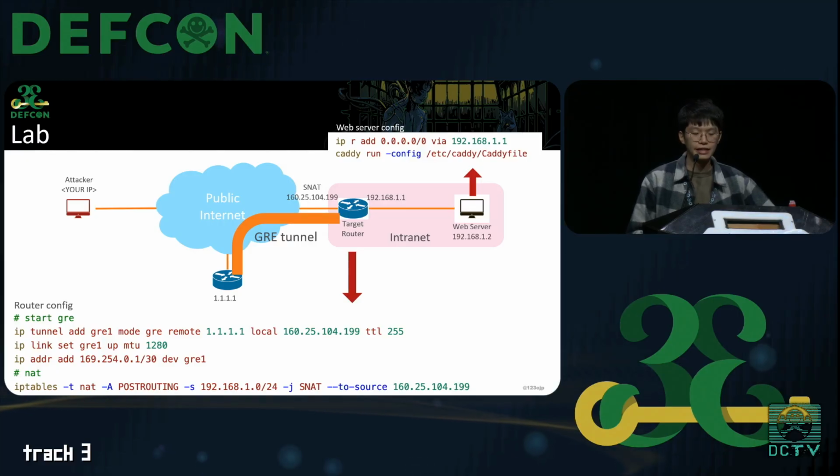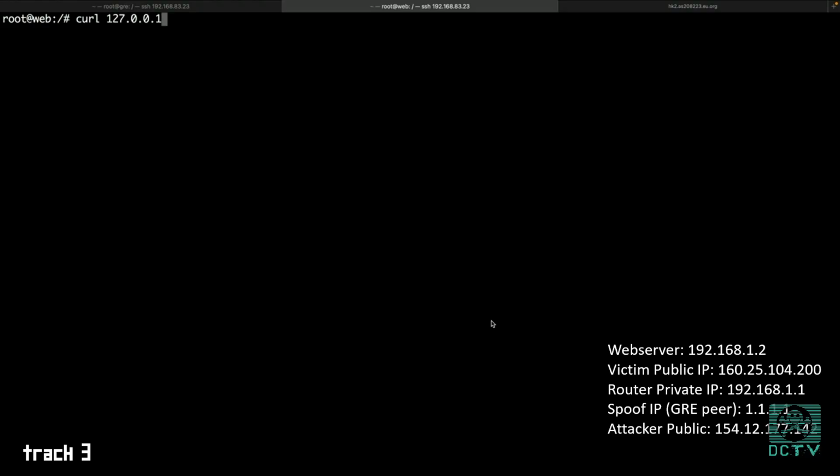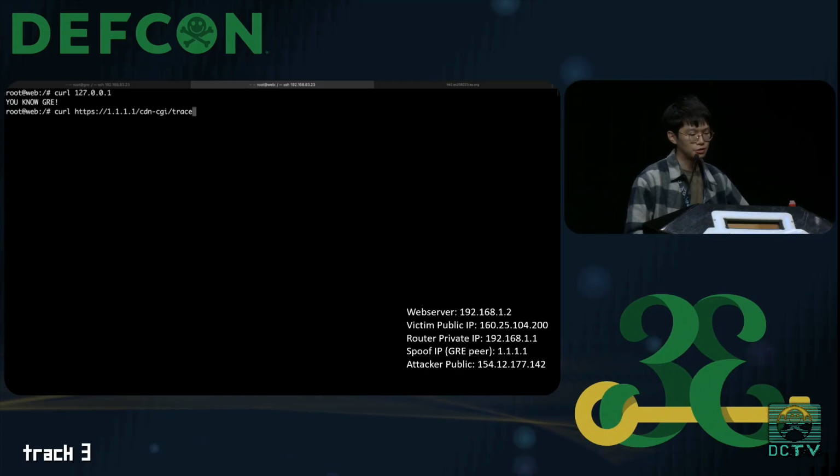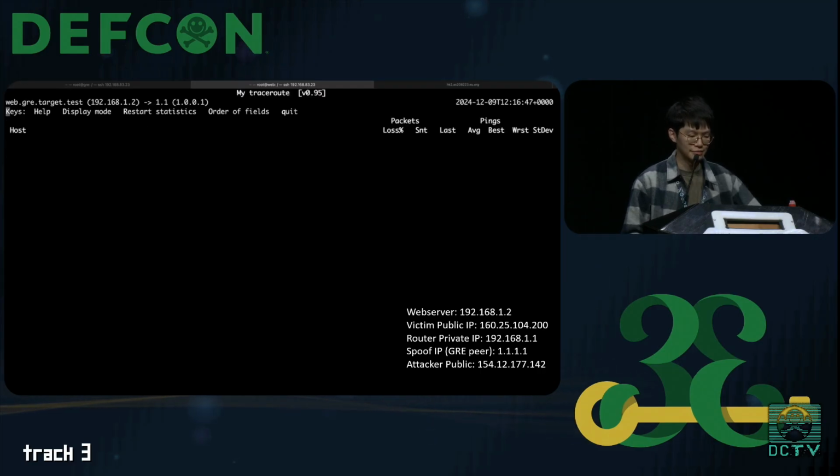We have created a demo lab. The architecture is illustrated in the diagram. We have a target router, whose GRE peer is 1.1.1.1. And there's an intranet web server, whose private network address is 192.168.1.2. The web server can access the public network via SNAT.